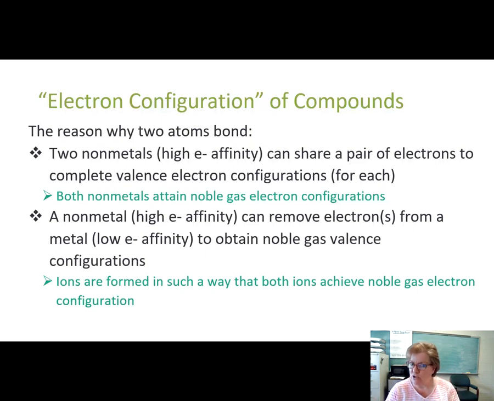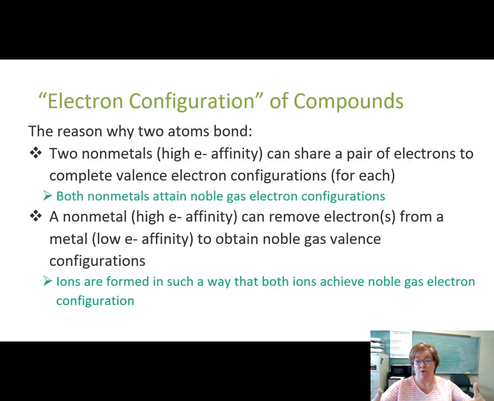Again, the main two reasons we tend to see are, first, two nonmetals having a very high electron affinity, a very strong pull on another atom's electrons. Because they both have strong pulls, they compete for a pair of electrons, and we say they share a pair of electrons to complete a valence electron configuration.